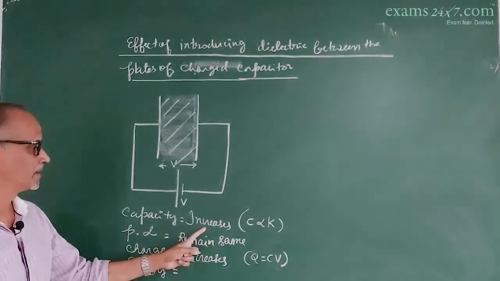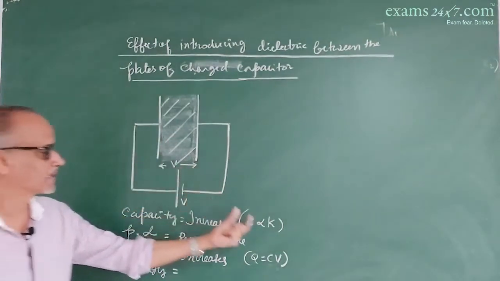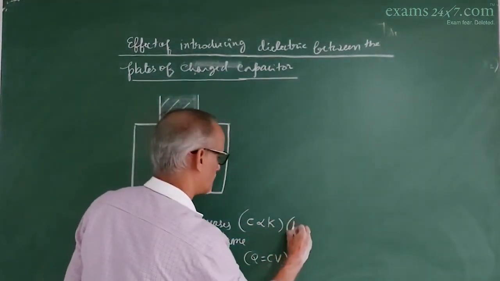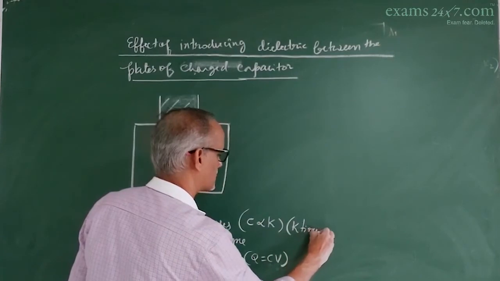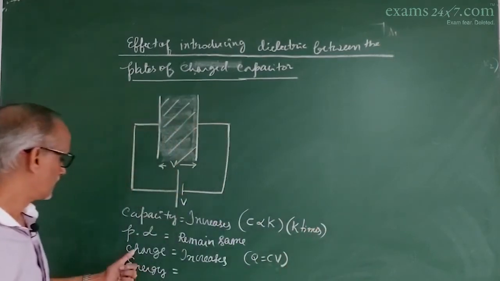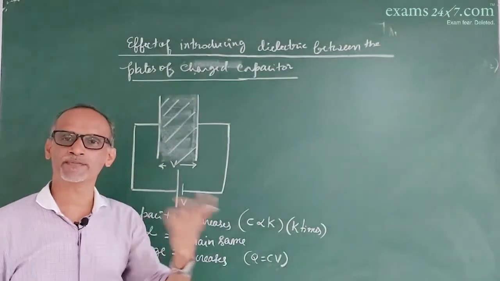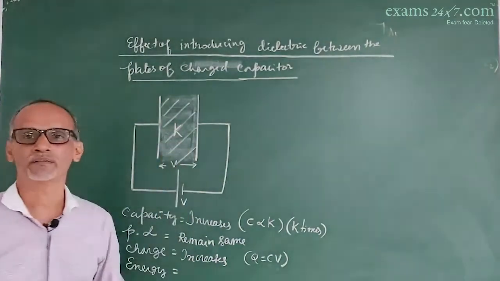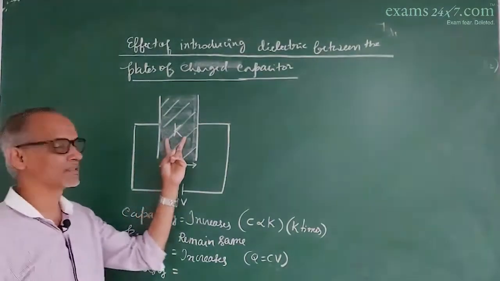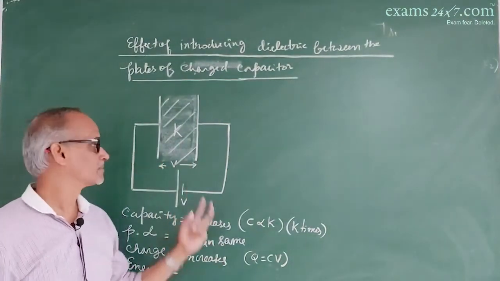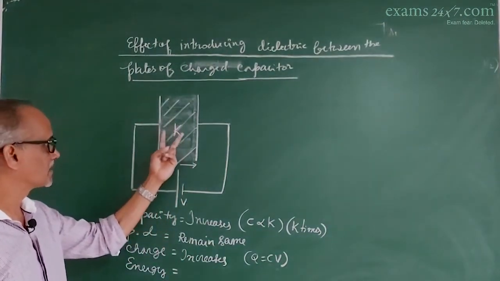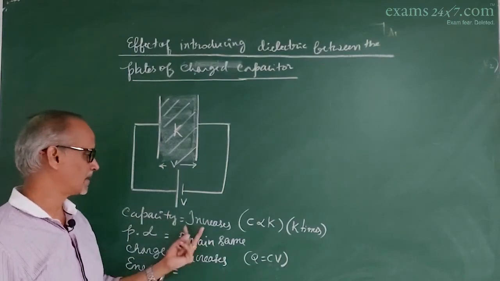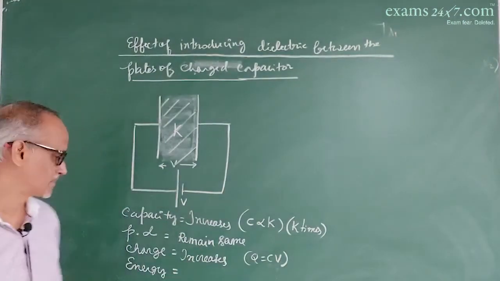It increases K times, because K is the dielectric constant. Charge again increases by the factor K. What is K? The value of the dielectric constant. If the dielectric constant is 4, charge increases 4 times. If the dielectric constant is 10, the charge increases 10 times, and the capacity also increases 10 times.